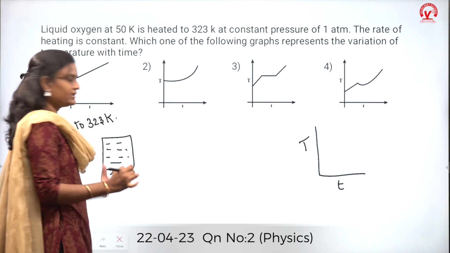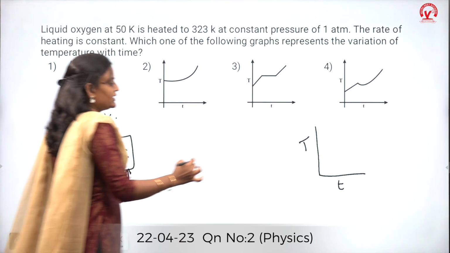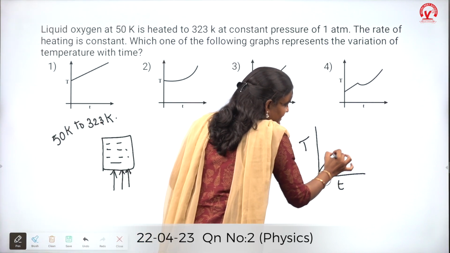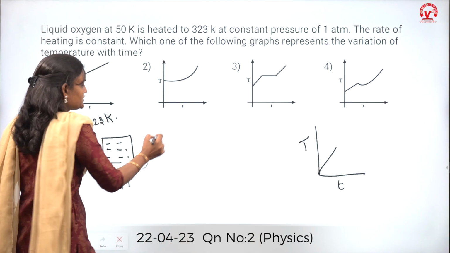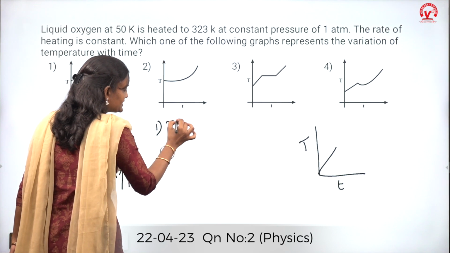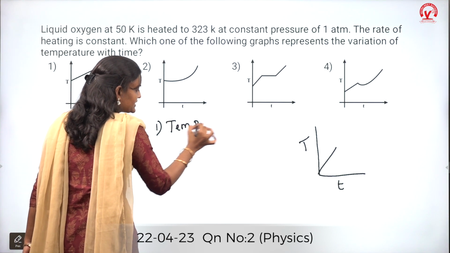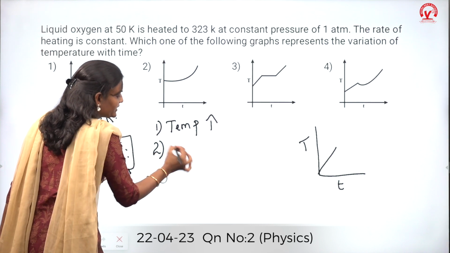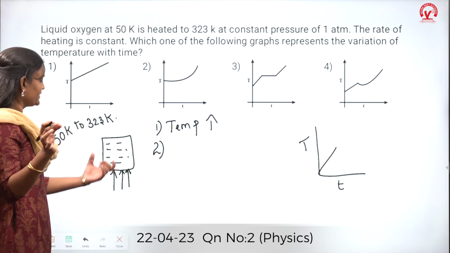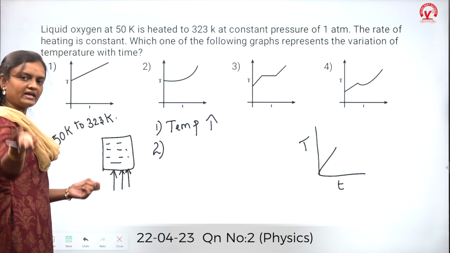If I am heating the liquid oxygen, the temperature increases up to some point. So first step, the temperature increases when heating. In the second step, there is a conversion of liquid to the gaseous state.